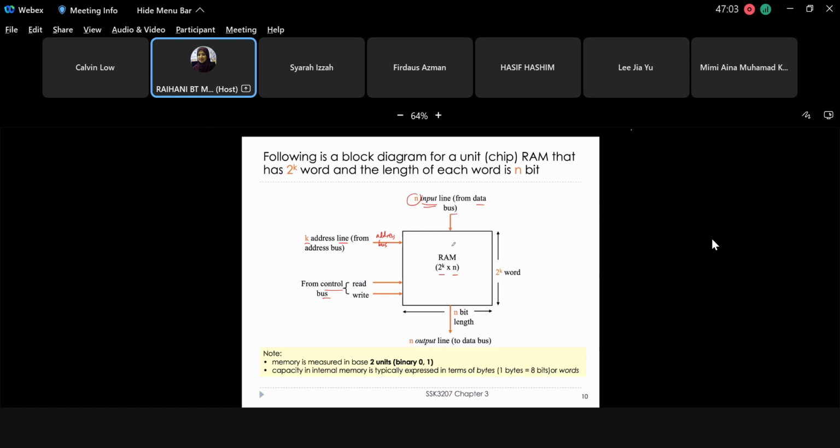So this will be the n-bit length, and this is the capacity of RAM, 2 to the power of k times n.